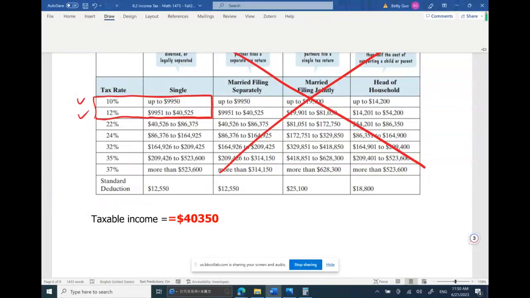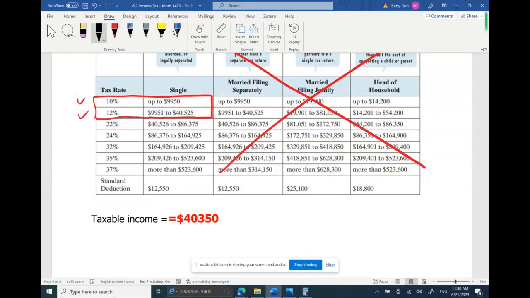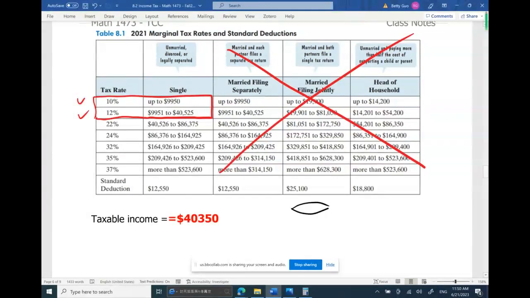Yeah, you have that many dollars, and you put that many dollars into two buckets. Okay, two buckets. The first bucket, you have the first $9,950. Okay, then how many dollars do you have in the second bucket?